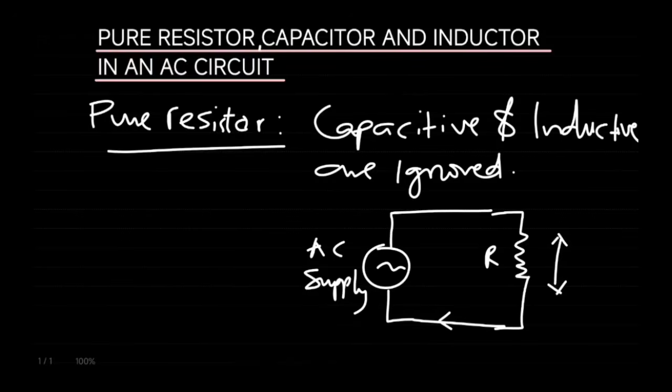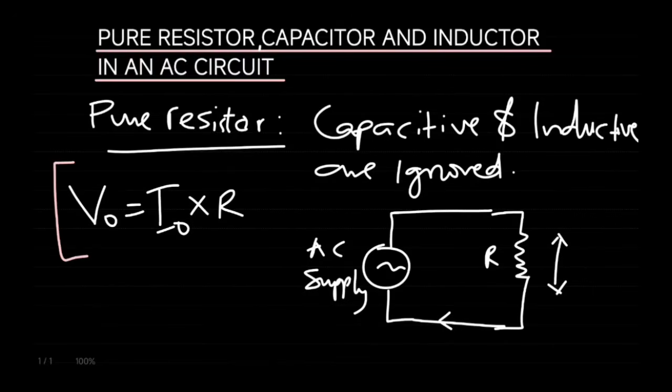Mathematically, this can be given as V0 is equal to I0 times R. The V0, we all know, is the peak voltage, equal to the peak current times the resistor. So this is the formula for a pure resistor in an AC circuit.